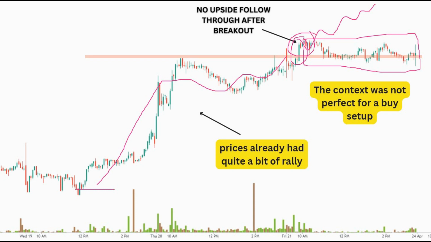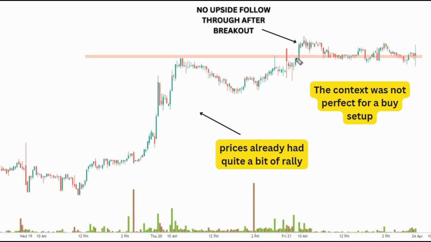That's why there is no aggressive upward momentum by the bulls, and prices remain sideways for the remaining day. Here the context on the daily time frame was not perfect for a buy setup, so we will not enter this breakout buy.